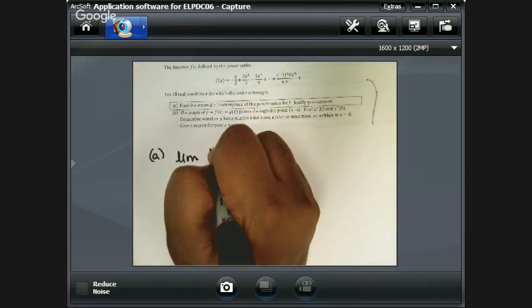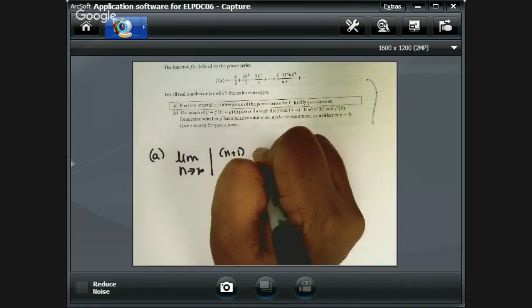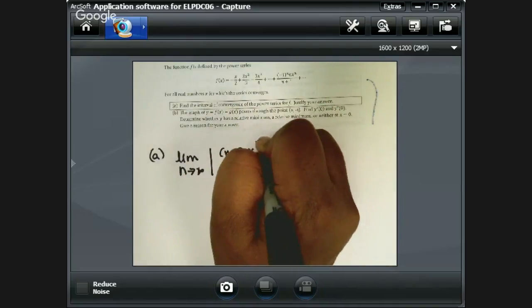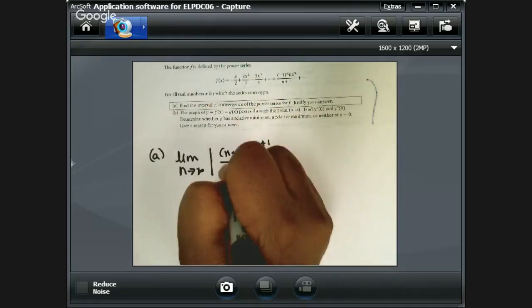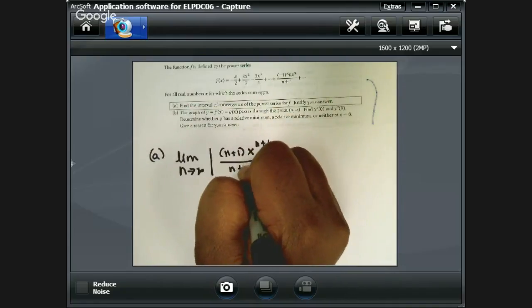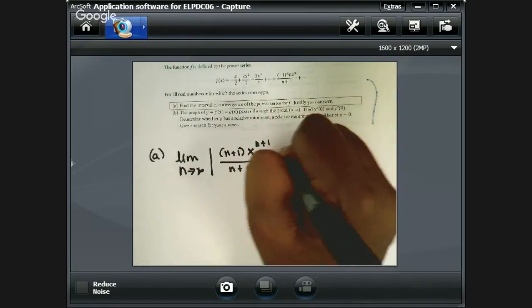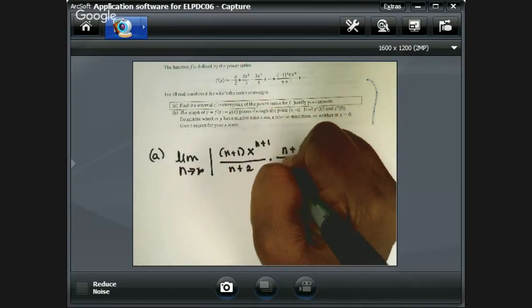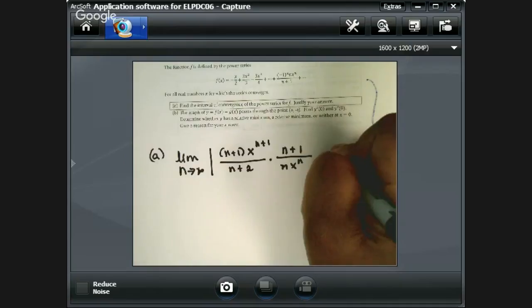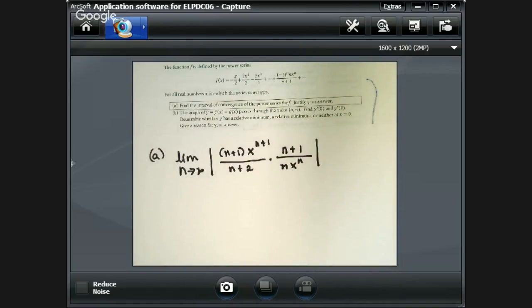So this is going to be n plus 1. Everywhere I see an n, I'm going to change it to n plus 1. N plus 1 plus 1 is n plus 2. And then I'm going to multiply by the reciprocal of the nth term without the -1 to the nth power. So there's my ratio. Set that up, and I've set up my limit at the same time.